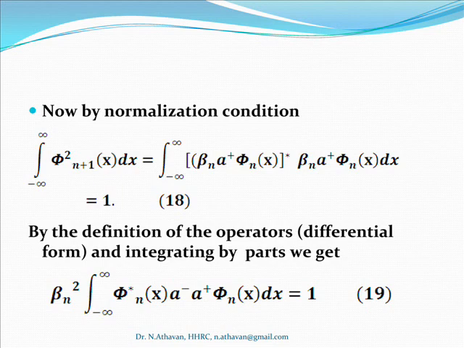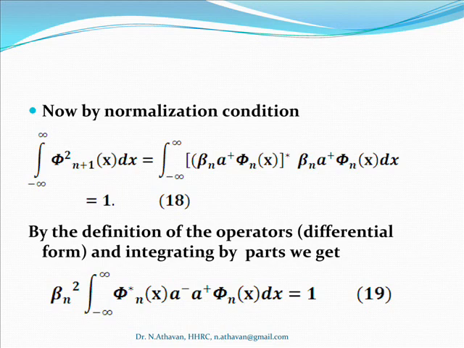So from the definition of the a+ operator, which is nothing but a differential operator, we can integrate the above integral in equation 18 by the method of parts, which means integral u dv can be written as uv minus integral v du. So in that case, one can immediately write the right hand side of equation 18 as βn squared integral from minus infinity to plus infinity of the complex conjugate of φn of x a- a+ φn of x dx is equal to 1.